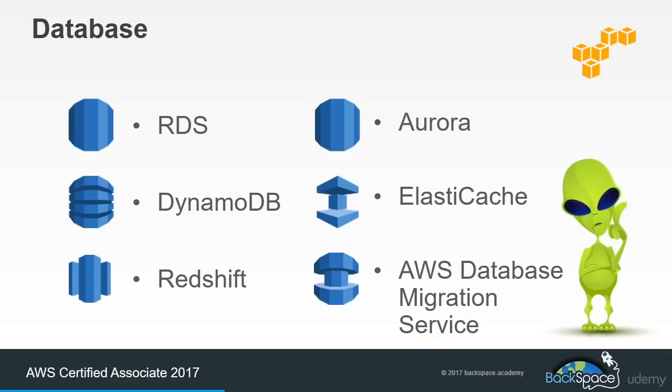And then we have the AWS Database Migration Service, and that orchestrates and helps to streamline the migration of data from one database to another. That could be from on-premises to AWS, or it could be within AWS as well. But it helps to streamline and orchestrate that migration of data.